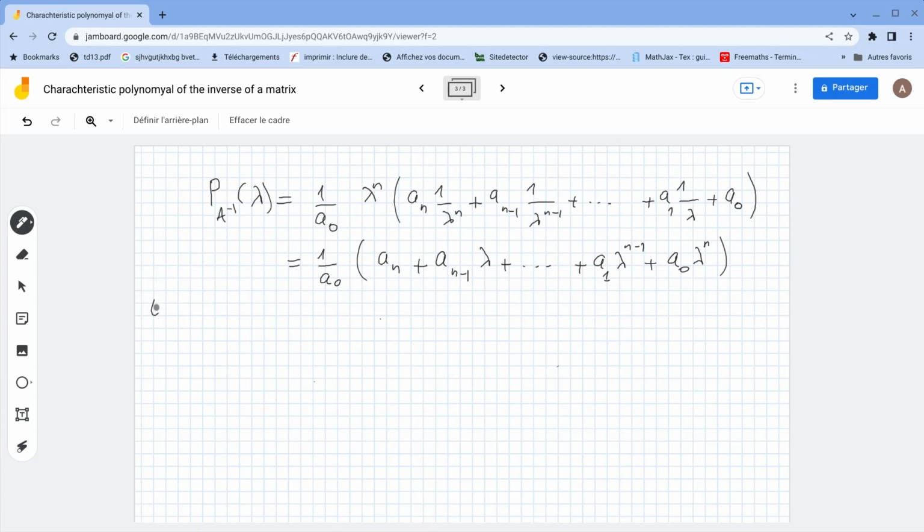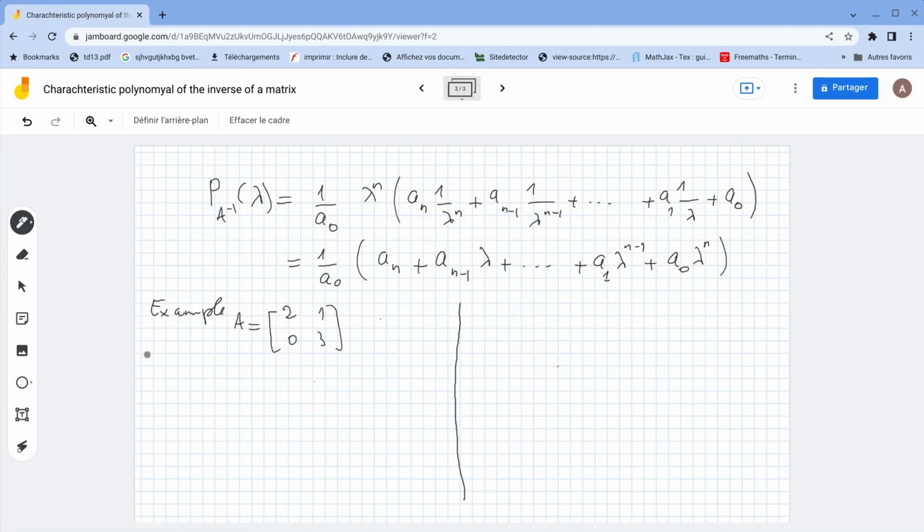I give you an example. Find the characteristic polynomial of the inverse of the matrix A. So A is 2, 1, 3, 0, 1.